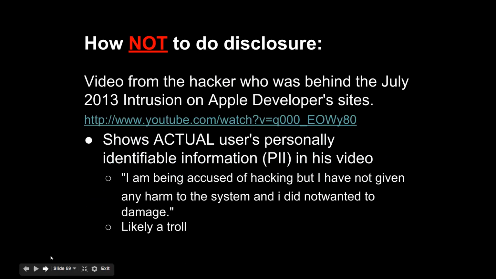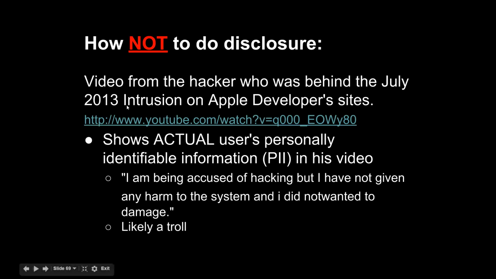Now, there's another bad example from the security researcher side of July 2013. There's an Apple developer website that took user authentication in the get field as an extension of the URL, and by tinkering with it, you could log into other people's accounts.